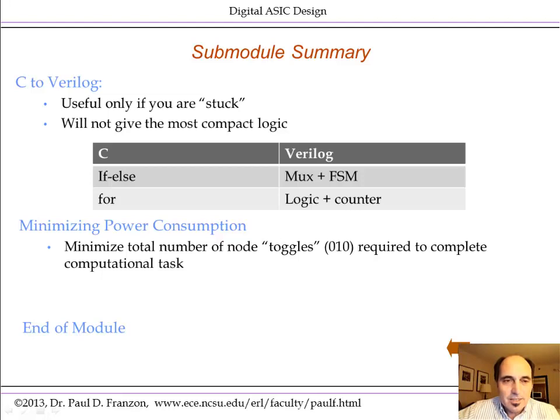In each case, the control logic in C becomes control logic in the RTL, and what's being controlled becomes the data path in the RTL. And if you want to think about minimizing power consumption, generally think about minimizing the total number of node toggles across all the nodes, and by that I mean all the outputs of all the individual logic gates within a design. Minimize that total number of node toggles to complete a computational task.